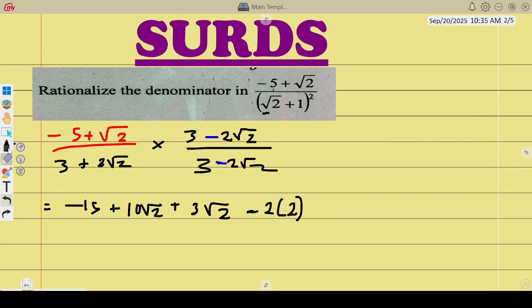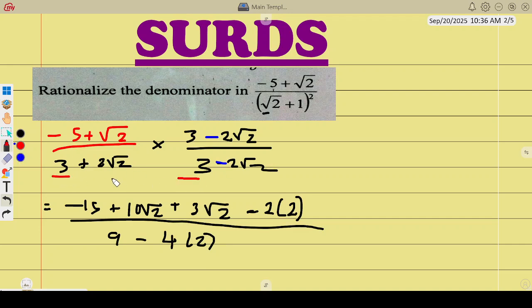So now we'll quickly conclude. So here this is 9 minus 4 root 2. So when you simplify everything here, you can use your method. You multiply this by this again by the other thing, you're still going to get the same.